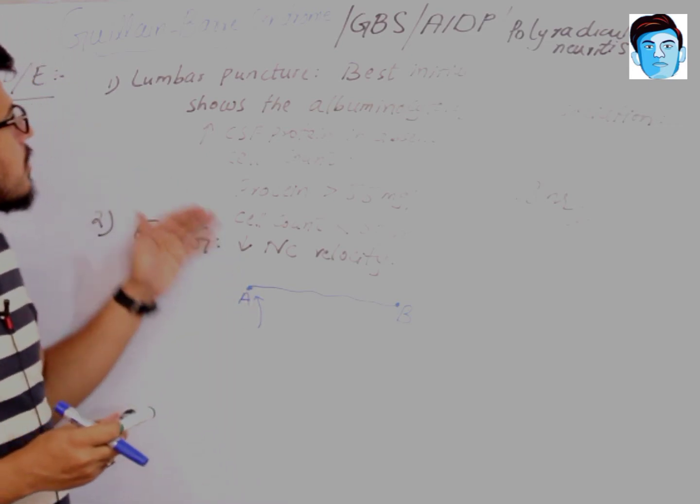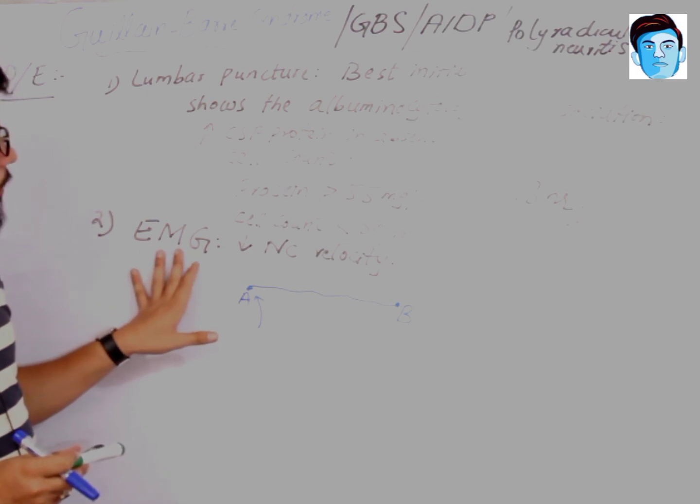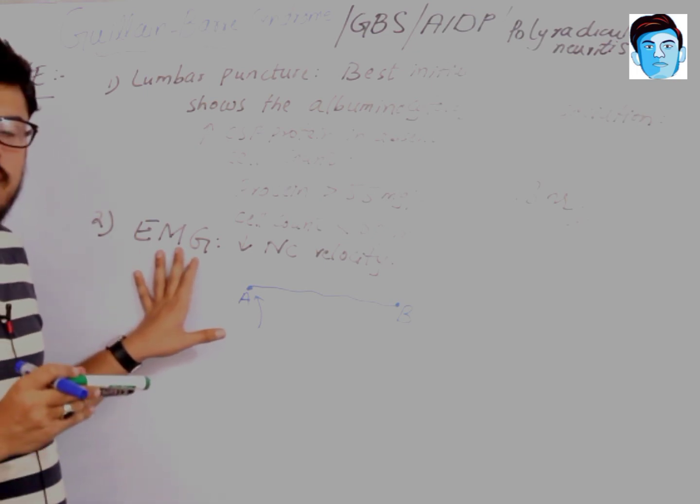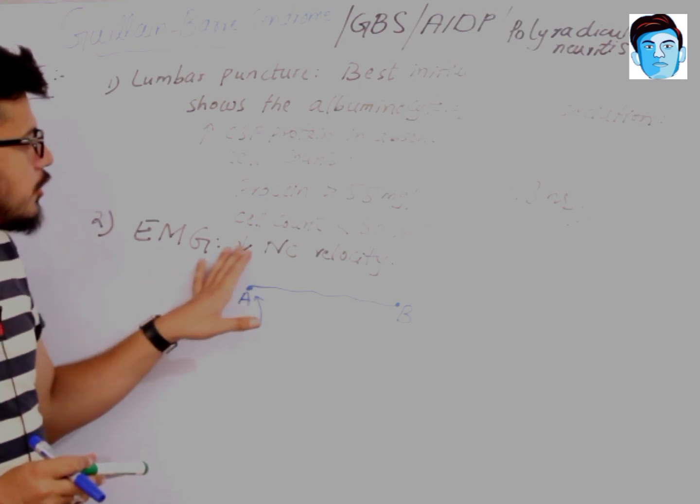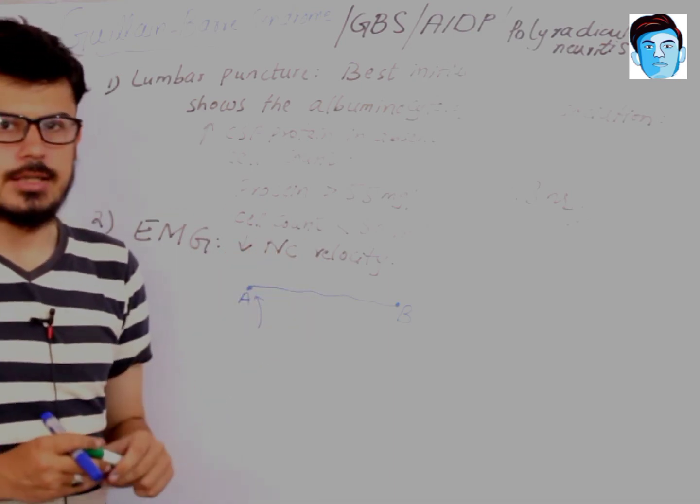Similarly, in GBS, electromyography, the confirmation test, will show us decreased nerve conduction velocity.